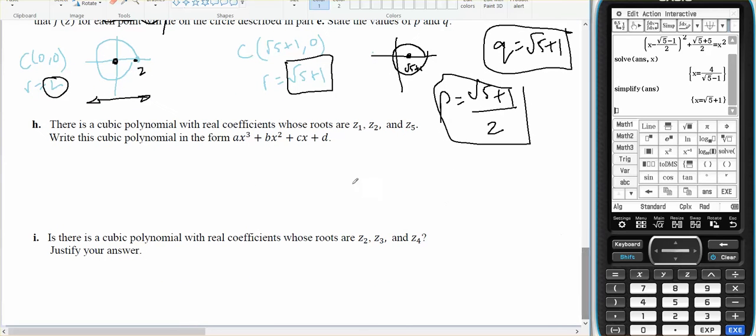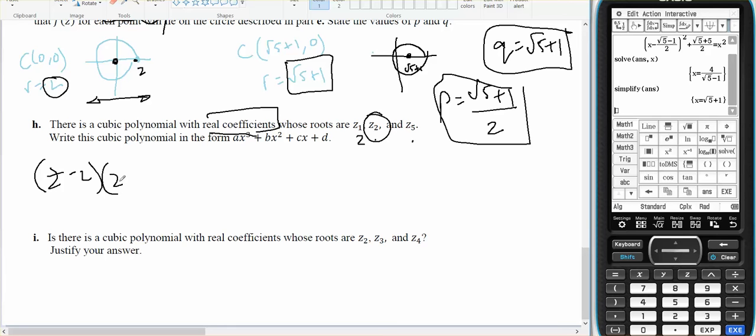Looking at H, if I have a cubic polynomial with real coefficients, therefore A, B, C and D are going to be real, and we have Z1, Z2 and Z5. Z1 is 2, so it's going to be Z minus 2.